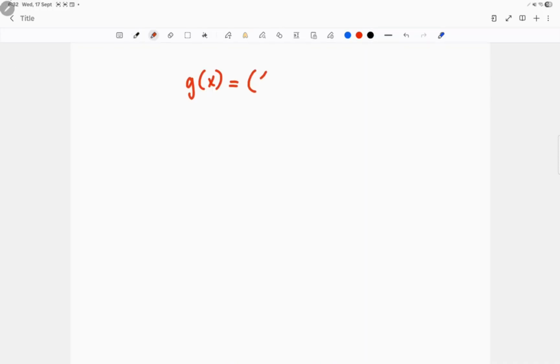g of x is equal to (1 plus x squared) to the power of 1 over x squared. Okay, and I want you to approach 0. x must be approaching 0. So I'm actually going to allow you to use Desmos for this one. Let's assume that this is a graphing calculator equation. So please use Desmos and let me know how much you will get. Someone said undefined?